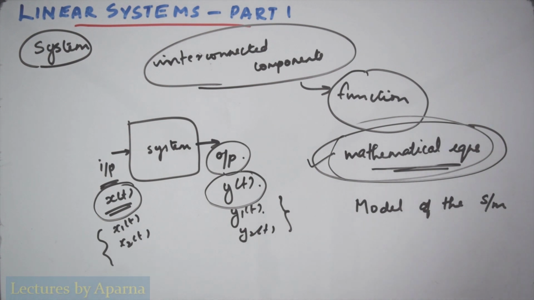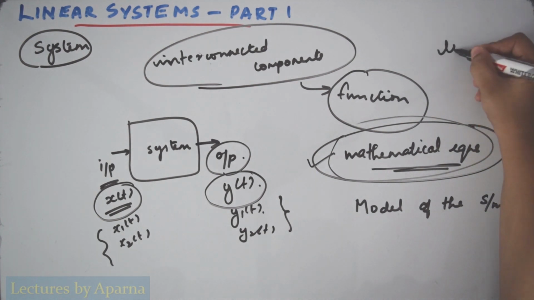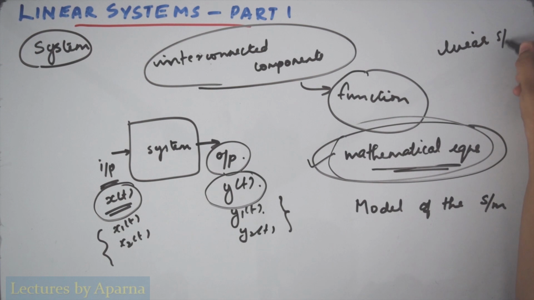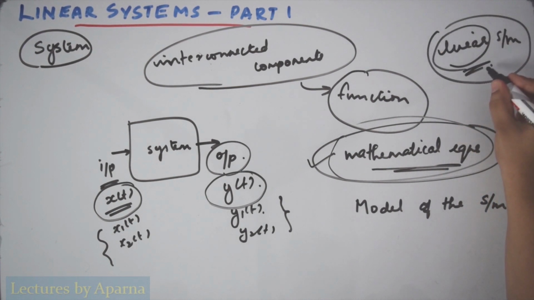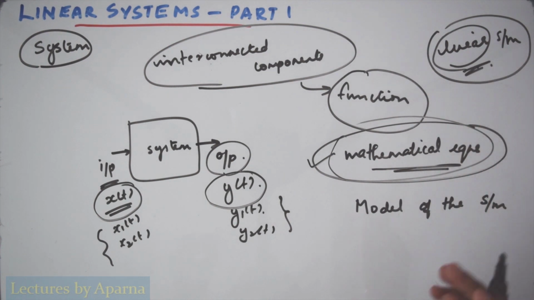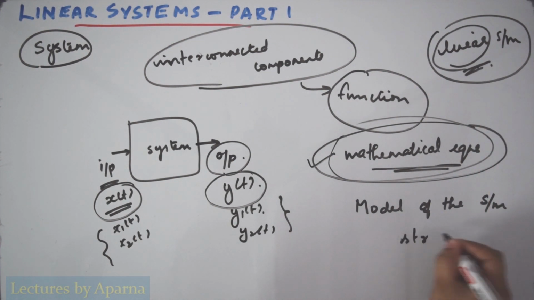So now what is a linear system? In the name itself there is linear. This linearity implies something related to straight lines.